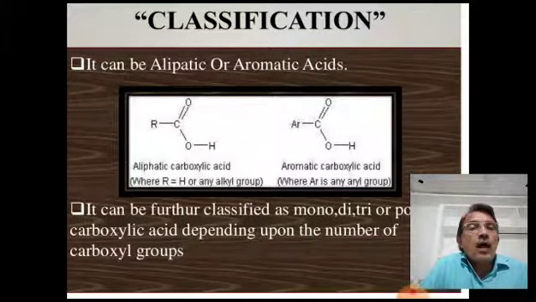In aliphatic carboxylic acids, if R is equal to H, that will be HCOOH, formic acid. If R is equal to CH3, CH3-COOH, acetic acid.